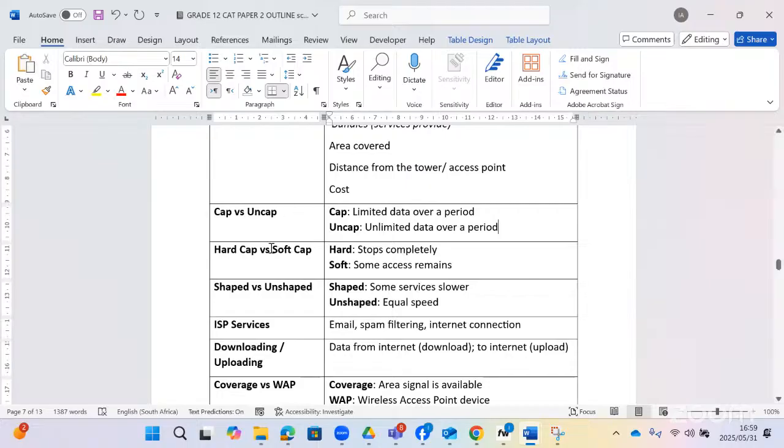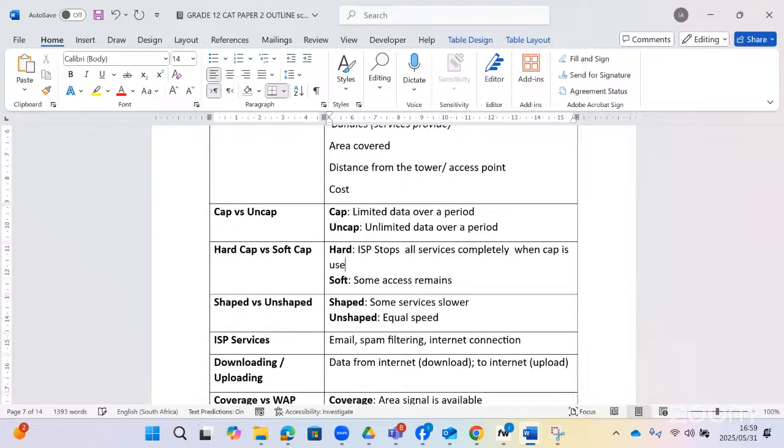You must know this. Then hard capped is whereby the ISP stops all services completely when your cap is used up. Or in other words, when your cap is reached, they stop all the services.